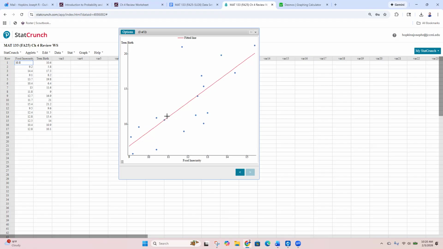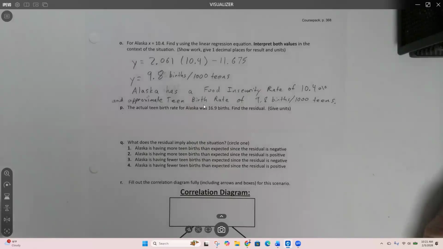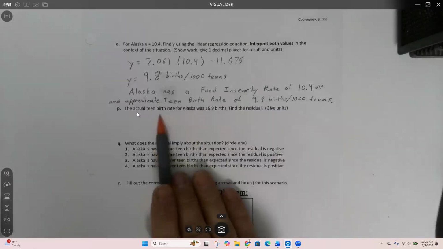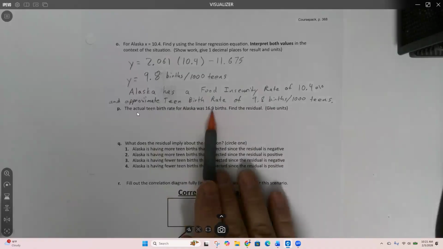Okay, so maybe Alaska, we said Alaska was 10.4, so maybe Alaska is this one right here, and it's estimating teen birth rate of 6.4. That's not the number that we estimated. The number that we estimated is the number that's on the line that's closest to that dot. And so if I want to know what was the actual number, I have to go and look at the data. So the actual teen birth rate for Alaska was 16.9 births.